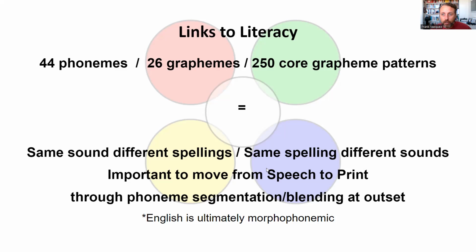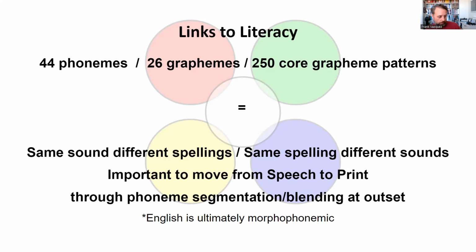Now, ultimately, English is morphophonemic. So it combines morphology, the meaning parts of a language, with the sound elements of the language.